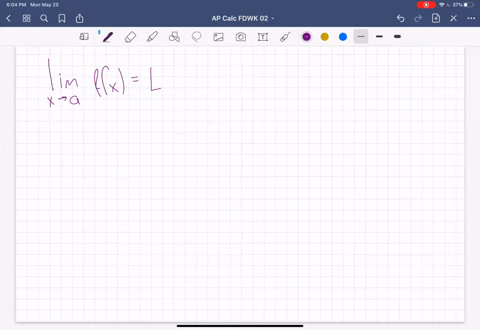But what that means is, what does the function appear to be around x is equal to a? Again, they use that word neighborhood. We're not looking at x is equal to a. We're looking around it. We're looking near it. We can see that in a graph and in a table, and sometimes our limit does not exist. So we can draw some examples of that.